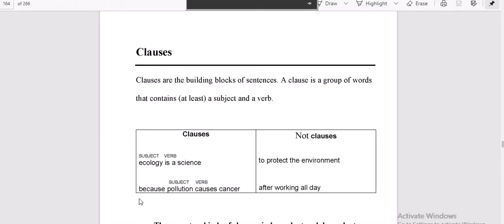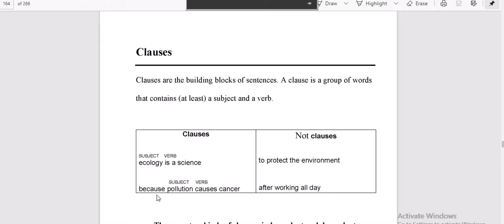It is a dependent clause. Why is it a dependent clause? Because it depends on another clause in order to have a complete thought. So it cannot stand alone, and it needs another clause to complete this thought.